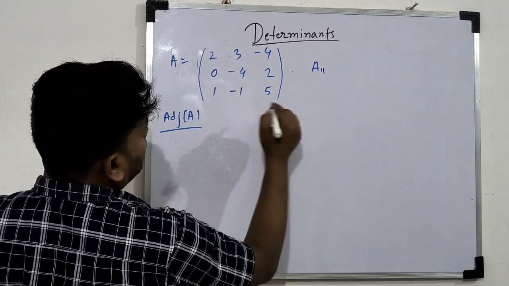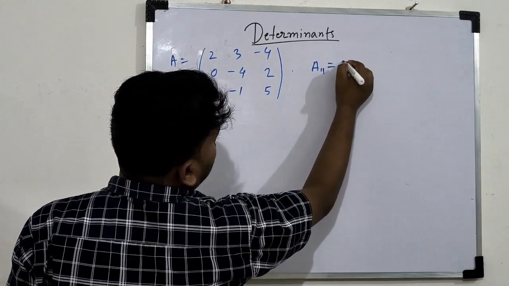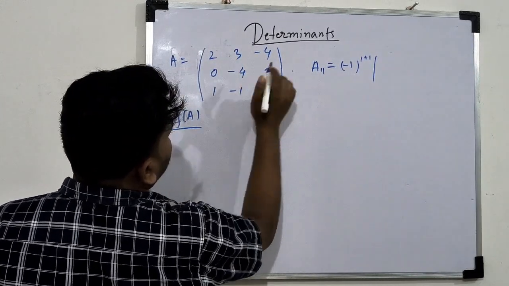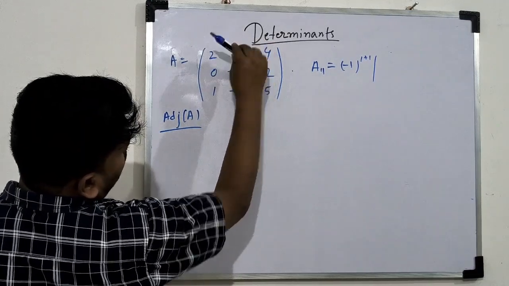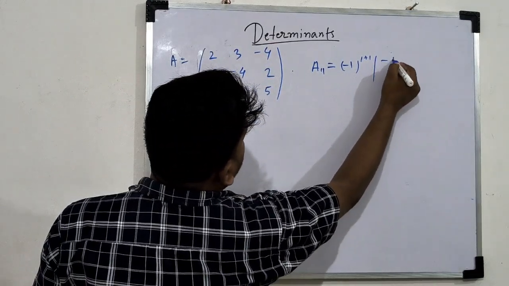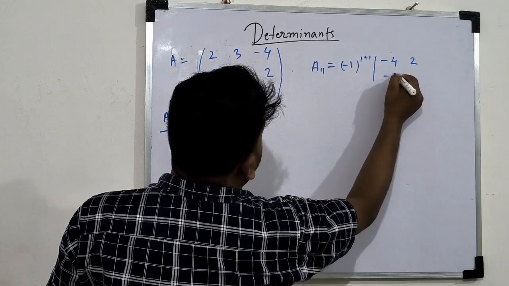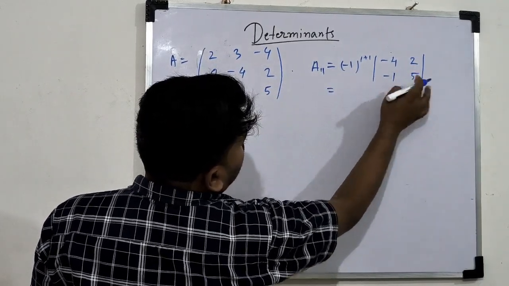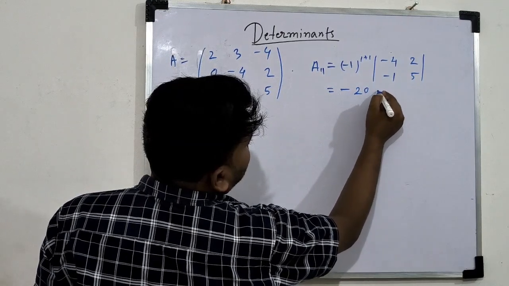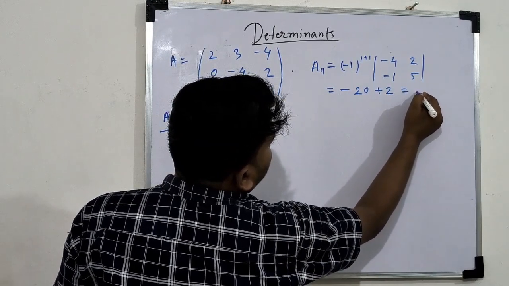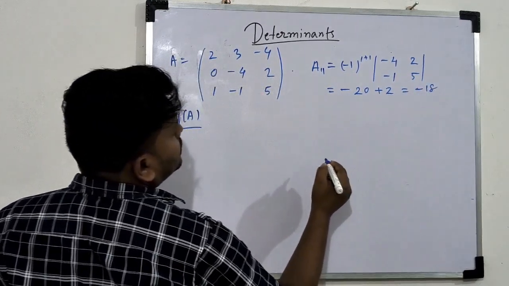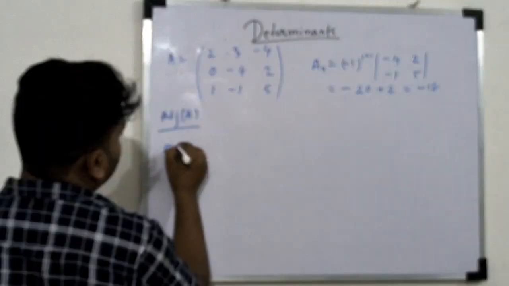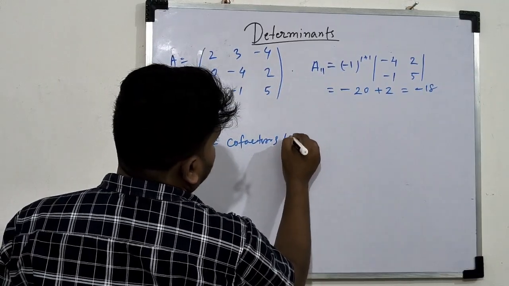For this first element, it will be minus 1 to the power 1 plus 1 into the determinant we get if we delete this row and this column, which is minus 4 2 minus 1 5. So we get minus 20 minus a plus 2, so minus 18. A similar process gives the matrix of cofactors, that is B.